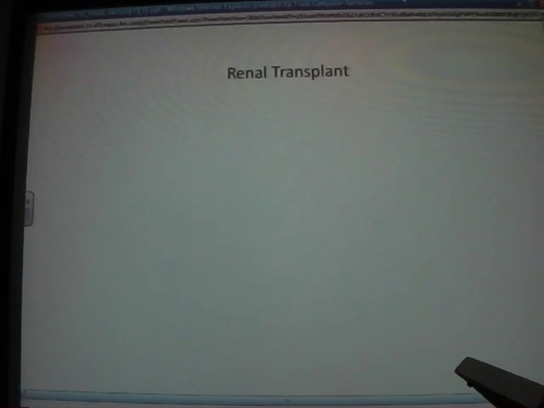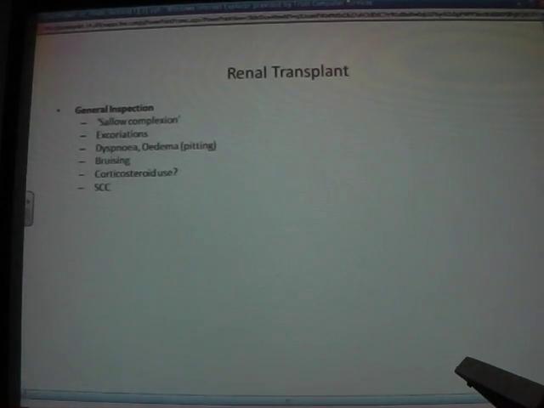They might be short of breath due to pulmonary edema. That's one thing to look for. Anything else? Are you all shy or you don't know the answer? Underweight? Potentially, yeah. Someone with a Cushingoid appearance? Excellent, yeah. So these are things to look for.